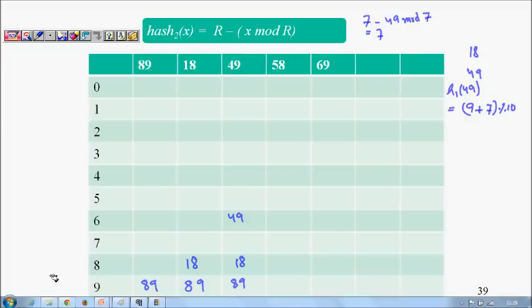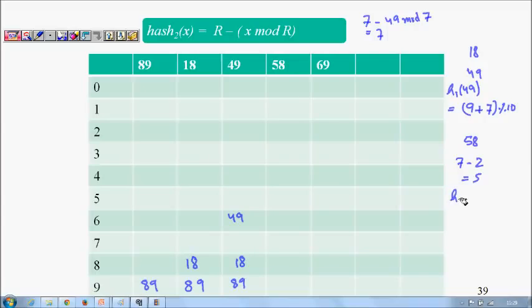Next, we try to insert 58. 58 modulo 10 will be 8. Cell 8 is already filled with 18. Next, we try out the next location. hash2(58) is 7 minus (58 modulo 7). 58 modulo 7 is 2, so this becomes 5.